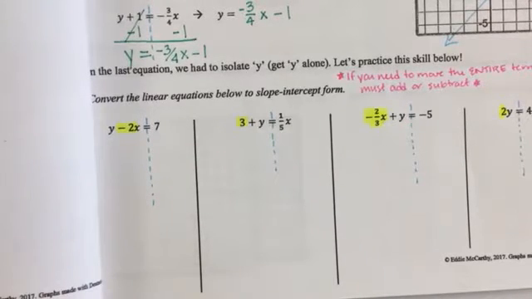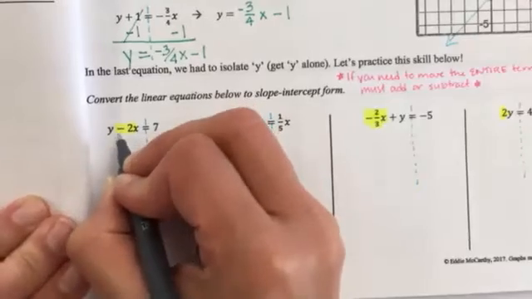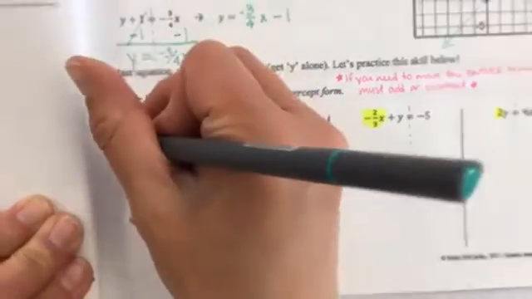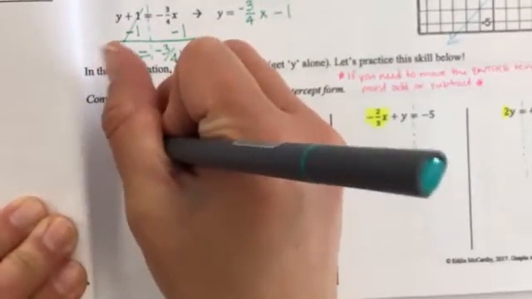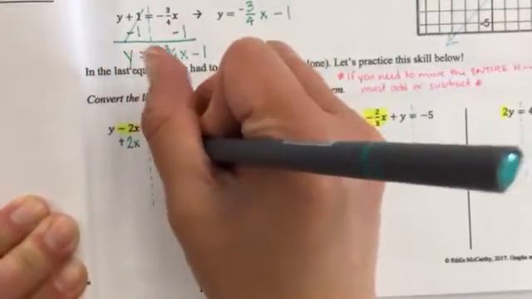So for example, on the first one, do I need to move the entire 2x term? Yes, I don't want to split them up. I want to move that whole thing over. So I need, it's a minus 2x. So what I need to do is I need to add 2x. Whatever you do to that side, you have to do to the other side.